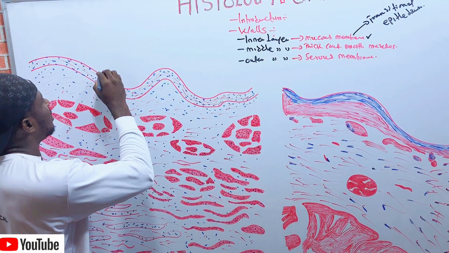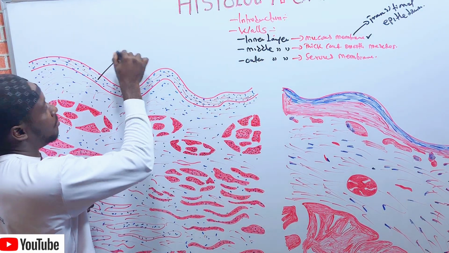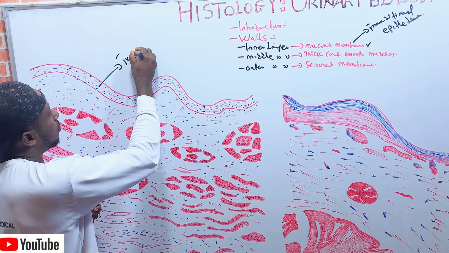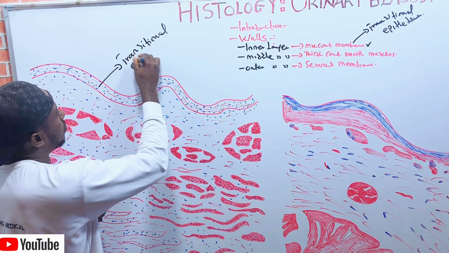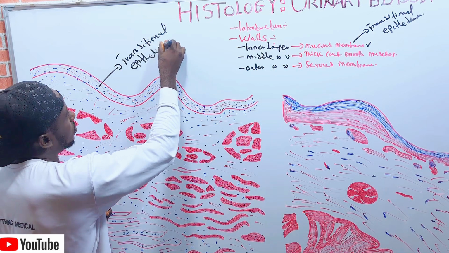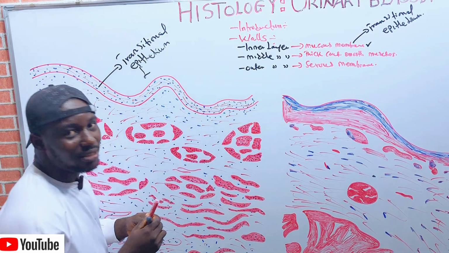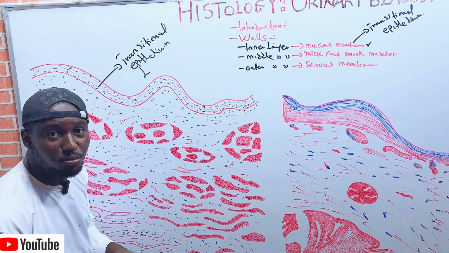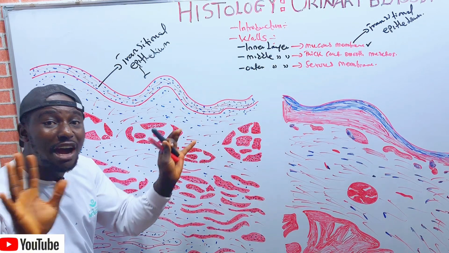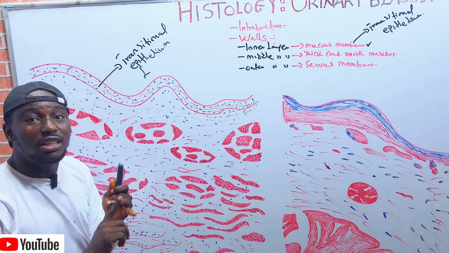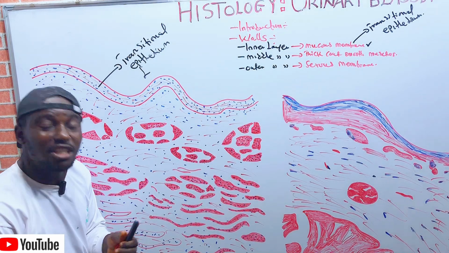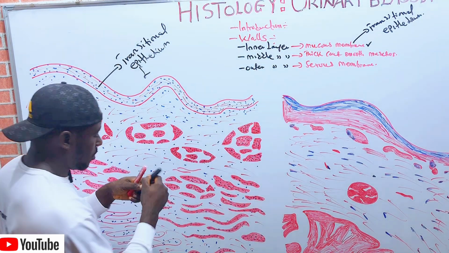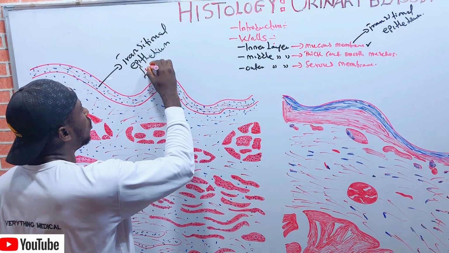Now watch, this is the transitional epithelium, which can otherwise be called the urothelium, because it is a specialized epithelium found in the urinary system. It is located in the ureter, in the bladder, and in the urethra. So we have urothelium.